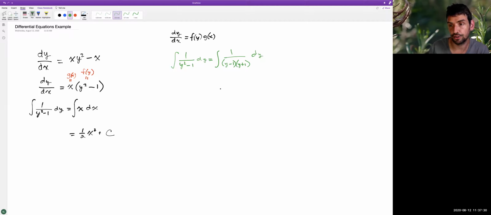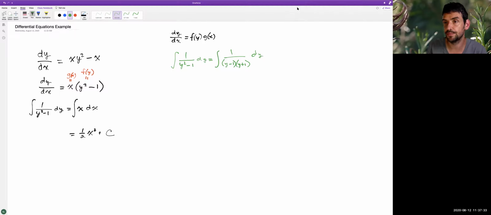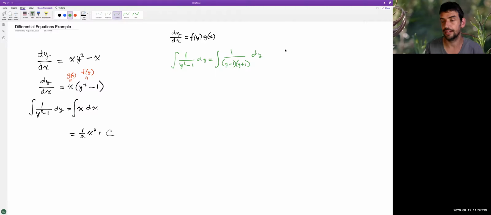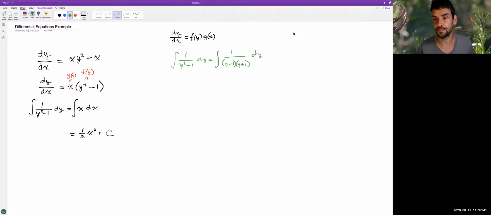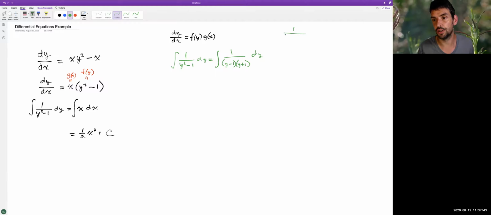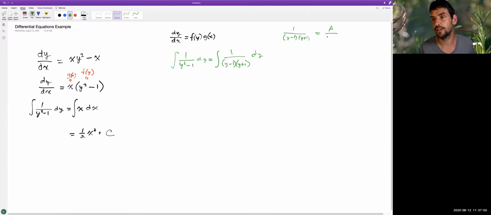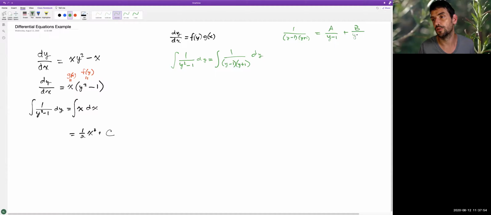So using the partial fraction decomposition, I can write that 1 over y minus 1, y plus 1 is equal to a over y minus 1 plus b over y plus 1, multiply through by the denominator.